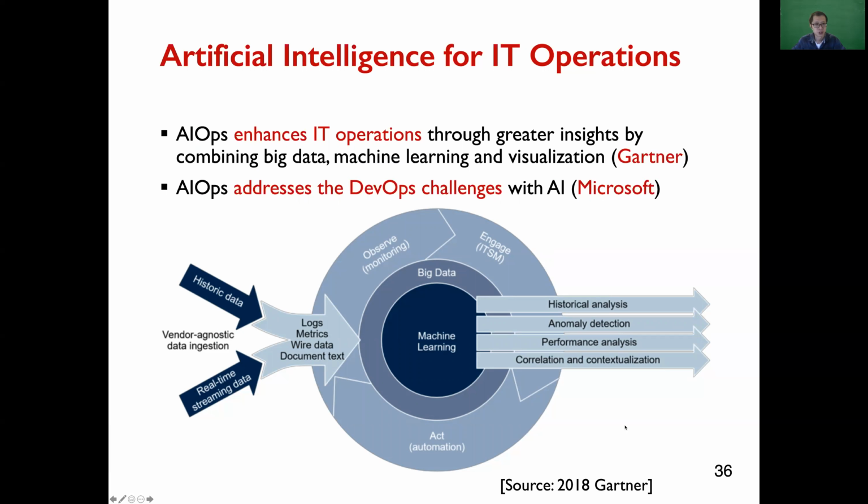For example, Gartner defined AIOps as a technique that enhances IT operations through greater insights by combining big data, machine learning, and visualization. Inputs are monitoring data, such as logs and metrics, and as output you see different software engineering or software operational activities, such as anomaly detection and performance analysis, right?